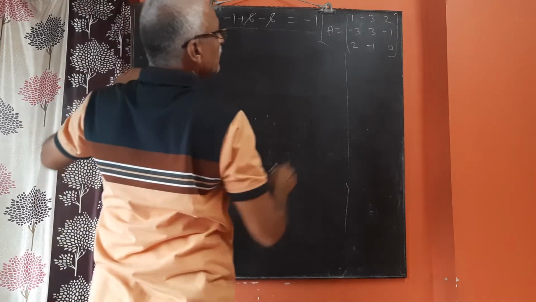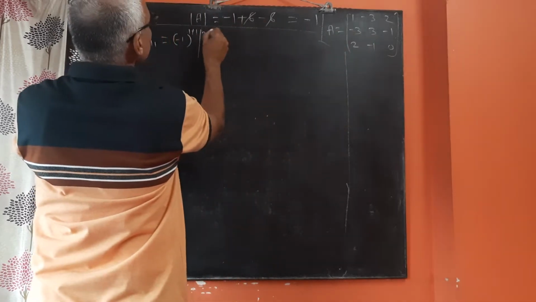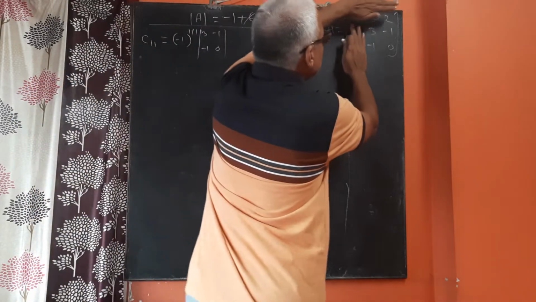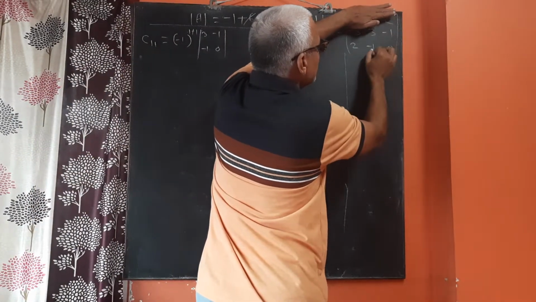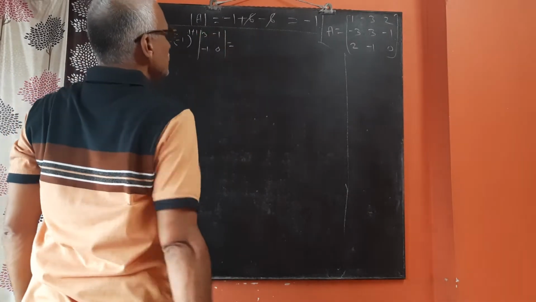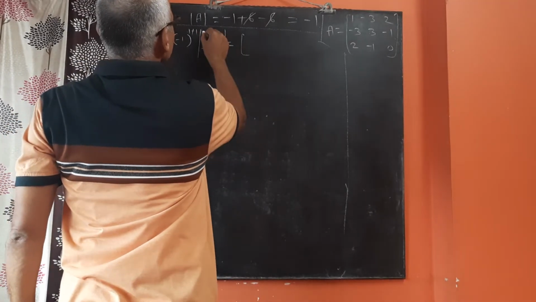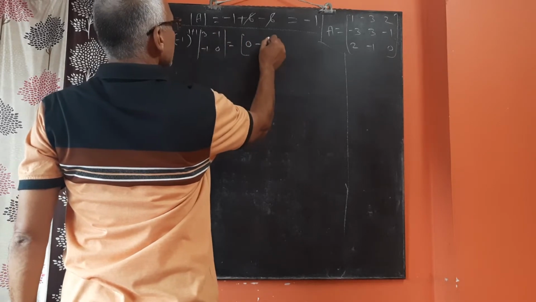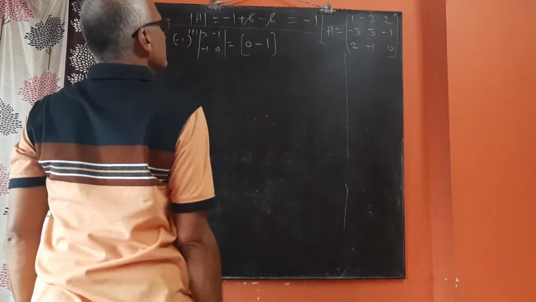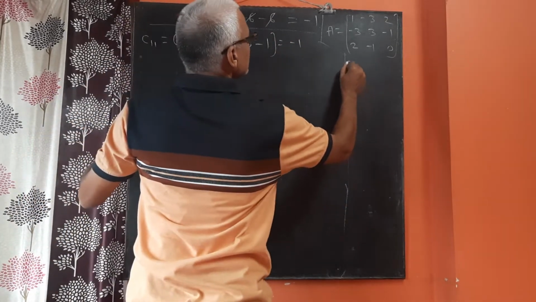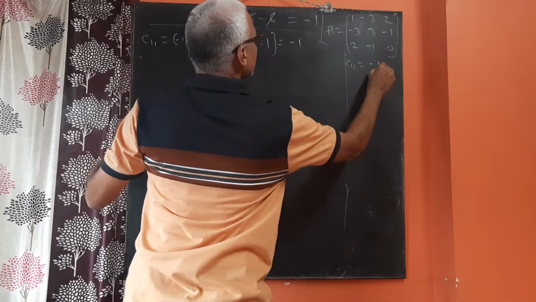Minus 1 raised to 1 plus 1 means positive, so that will be 3 into 0, 0, minus minus 1 into minus 1, that is 1, so that is equal to minus 1. The value of C11 is equal to minus 1.